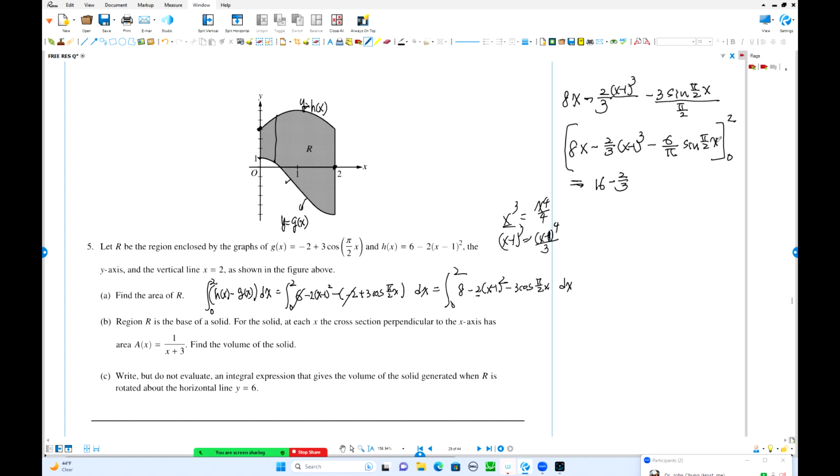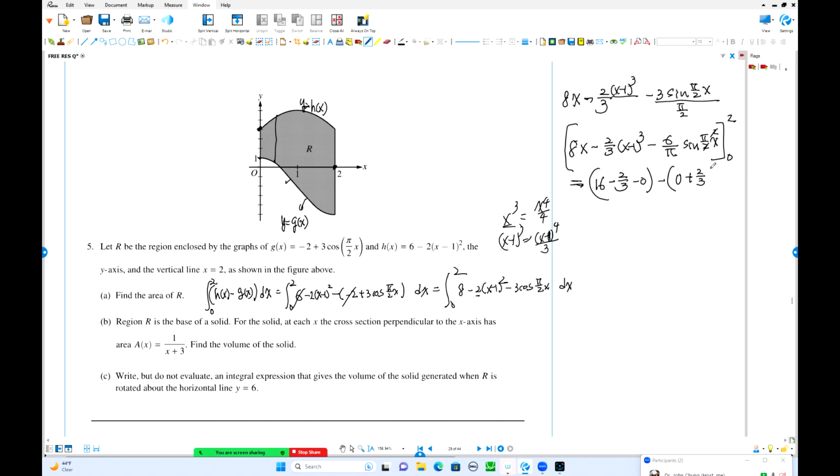Now for the sine term, pi over 2 times 2 is pi, and sine pi is 0, so it's nothing. Now put in 0. The first term is 0, the second is minus 1 cubed, which is negative 1. Another negative makes plus 2/3.